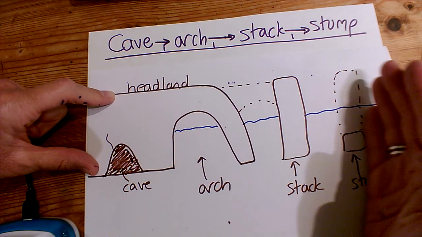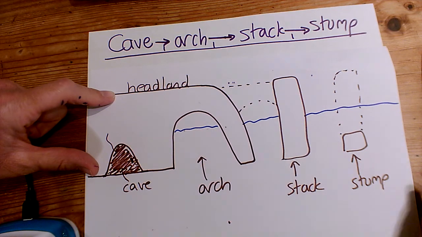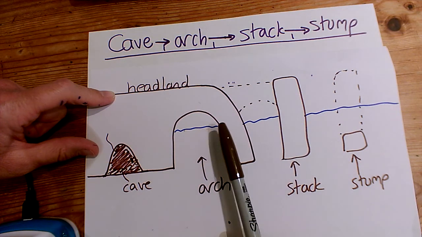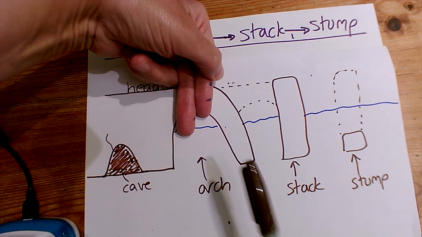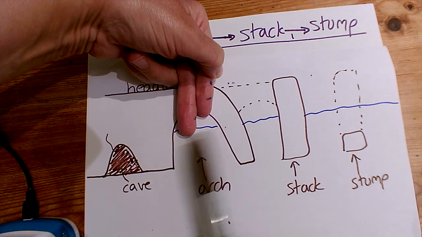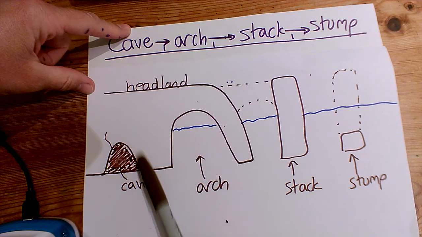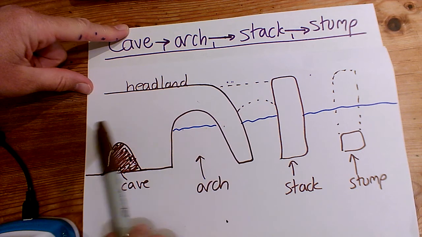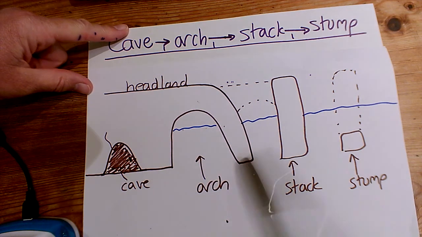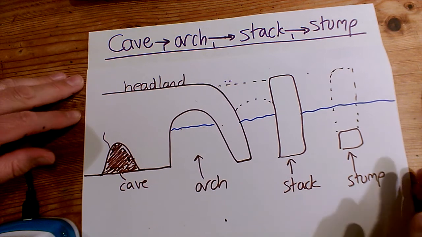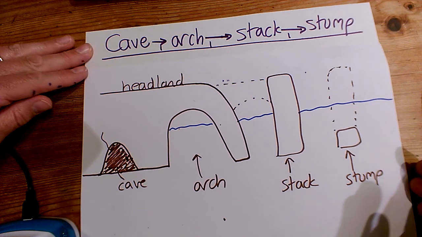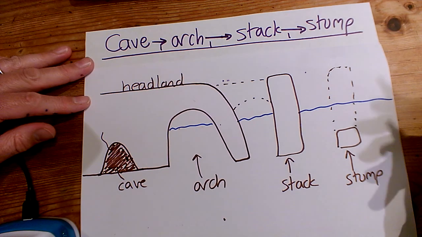So this headland has moved back through time, and if we come back in a few thousand years, probably we'll find that that's gone, that there's a stump here, there may well be a new arch here, and again it goes back and back and back, and we'll end up with just a row of stumps, and eventually it will all be gone. And that is due to erosion at the cliff, at the coast.